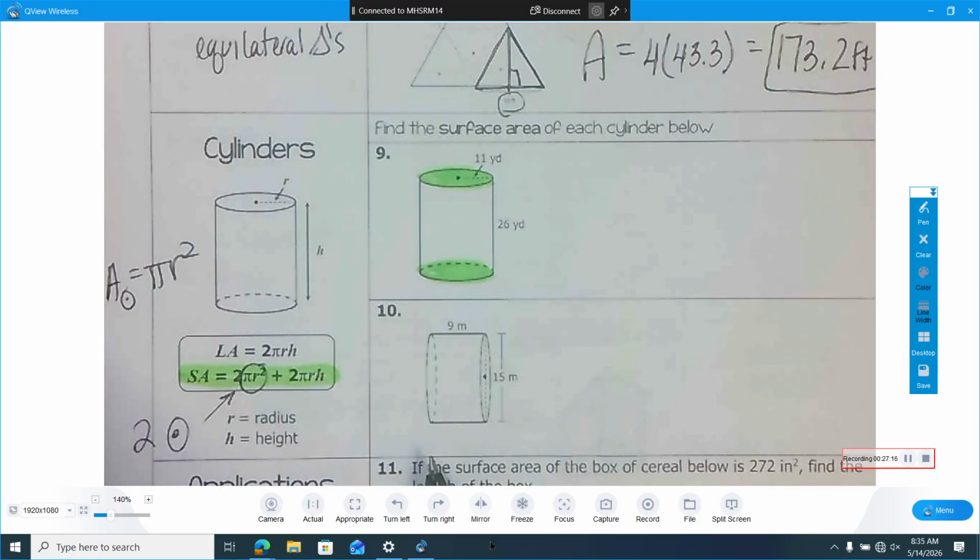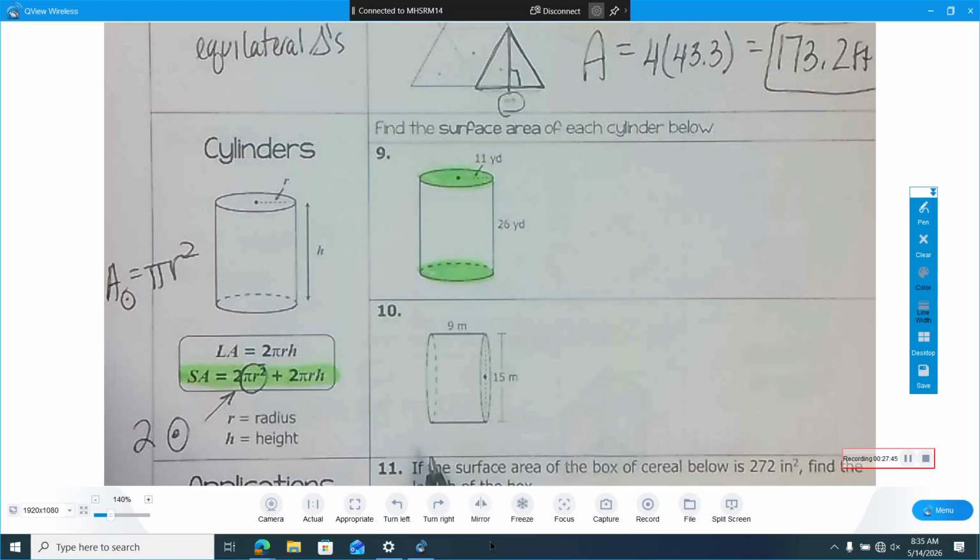Then when we unwrap the cylinder, imagine a soup can, and if I cut the label and open it up, what shape is it? It's a rectangle. That's exactly right. To find the area of a rectangle, I need to know the base and the height. The height is the height of the cylinder, but I need to know this long edge that's wrapping around the circle.